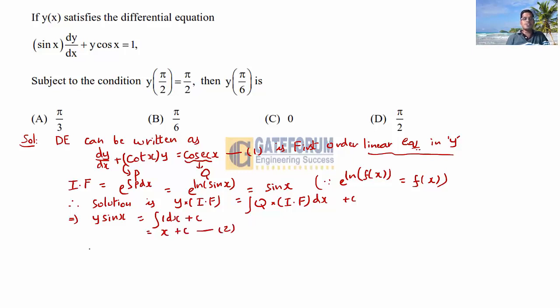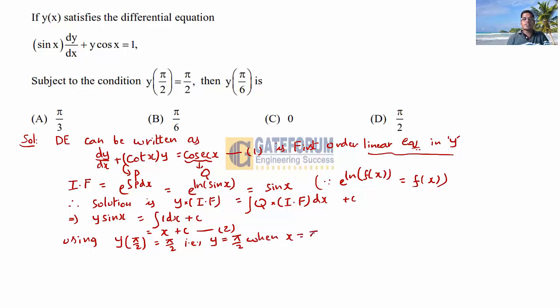Use the given condition y of pi/2 equals pi/2. That means y is pi/2 and x is equal to pi/2.